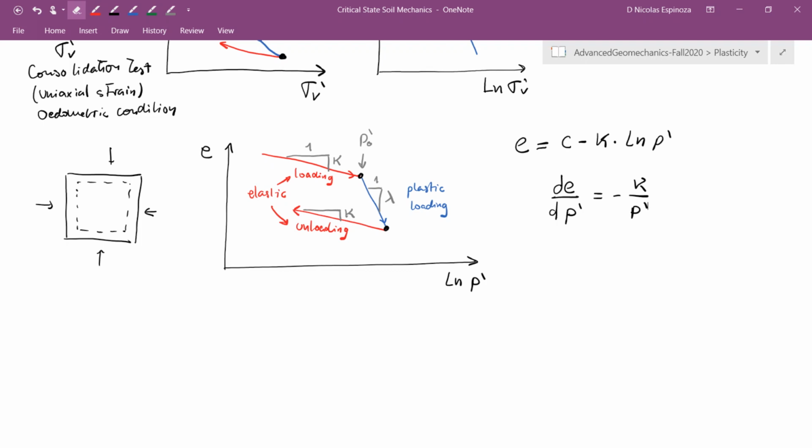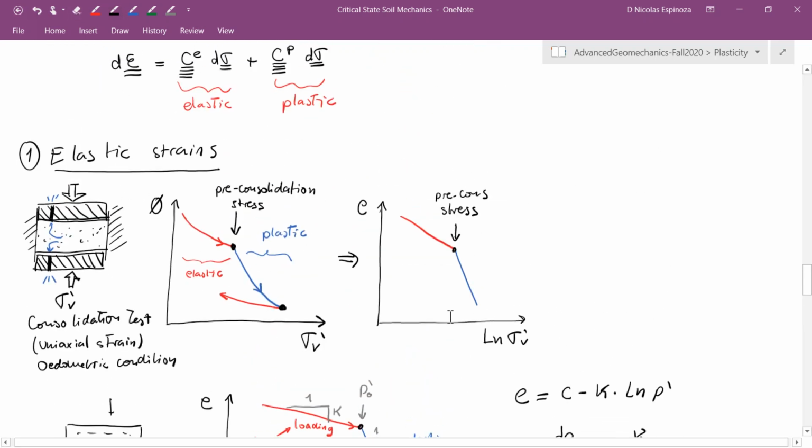All right, let's come back a little bit to what the definition of void ratio is. If you remember, the void ratio is defined as the volume of the voids or the volume of the pores divided by the volume of the solids, which is the volume of the bulk part minus the volume of the solids.